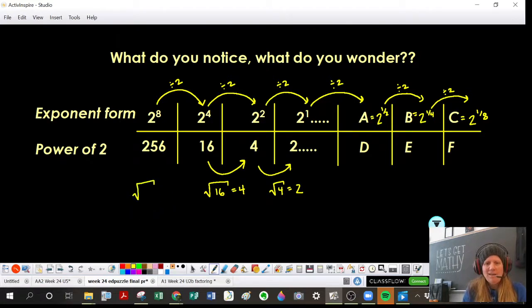It is. Oh, look at that. So the pattern for the bottom is that we're taking the square root of the prior term to equal the subsequent term. So that means that D must be equivalent to the square root of 2.